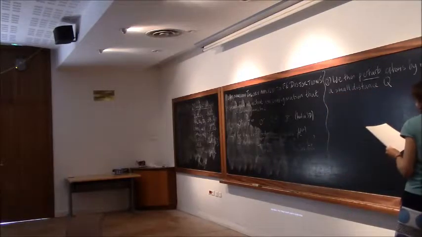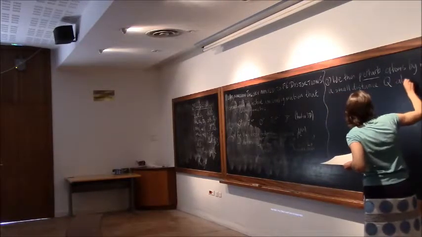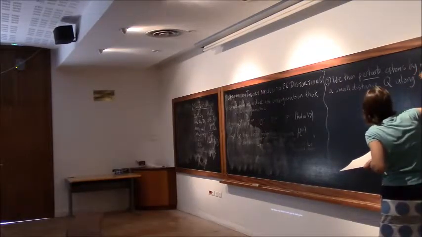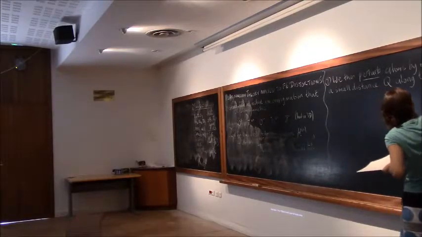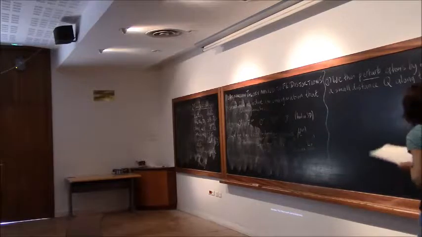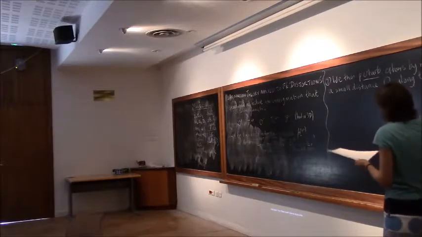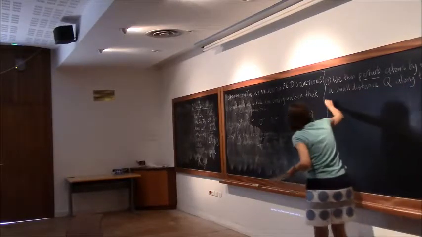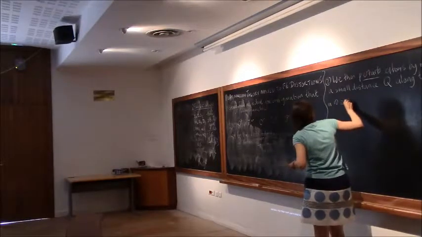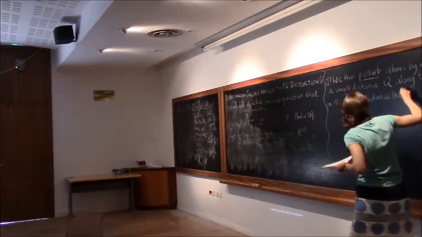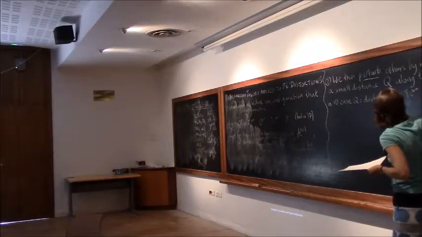And we're going to call the perturbation Q, along the ferroelectric distortion. To be precise, I'd say along the normal coordinate, along the pattern of atomic displacements that forms the ferroelectric distortion. In the one-dimensional case, Q is just the distance that the titanium atom moves off center.